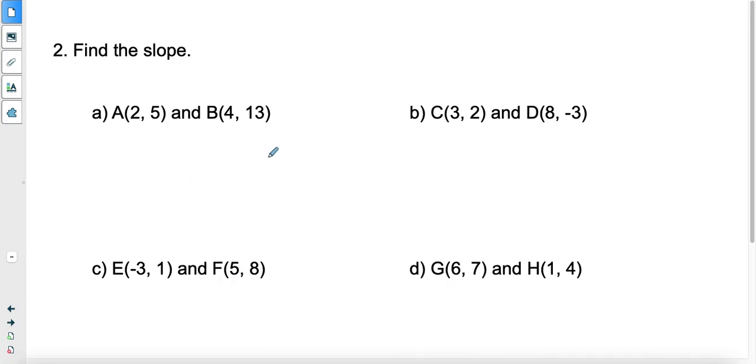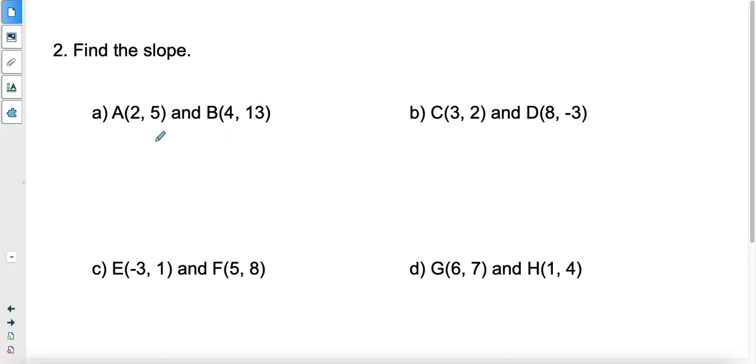In this next example, I'm going to use a table of values to find the slope between each of these points, just because I find that it's faster to use a table of values here. So let's do that. Now, for the first one, I want to find the slope between the points 2, 5 and 4, 13.